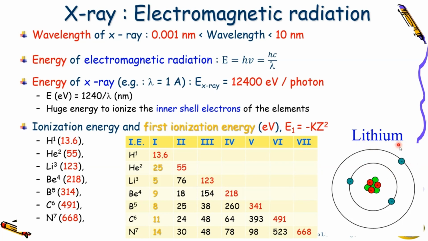Lithium has 3 electrons, and for the one in the outermost shell, the energy required is 5 electron volt. This is what we call the first ionization. And how about the second one? 76 electron volt. How about the last one? 123 electron volt.